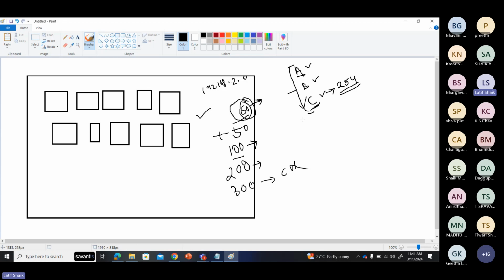So you have to move to class B. Class B gives up to 65,000, so no problem.